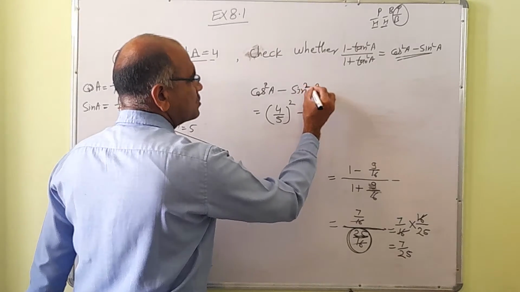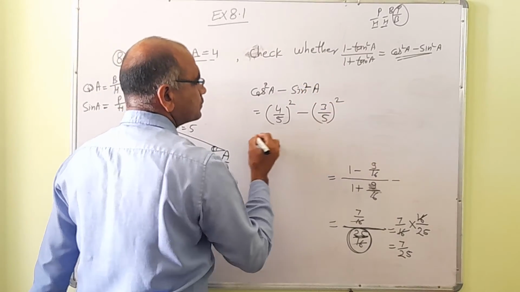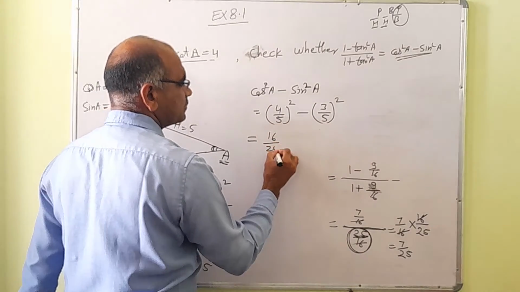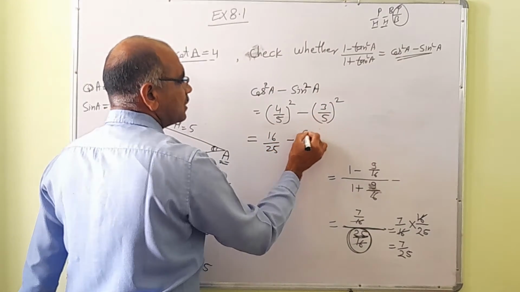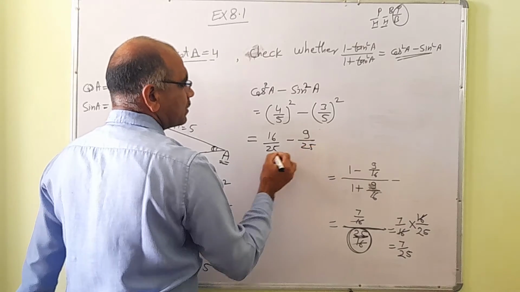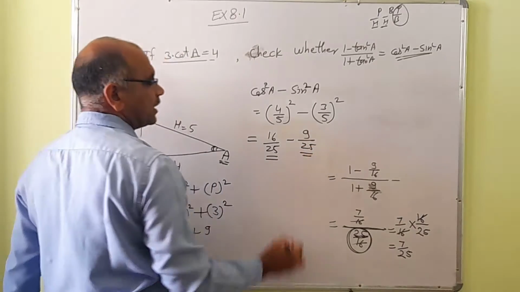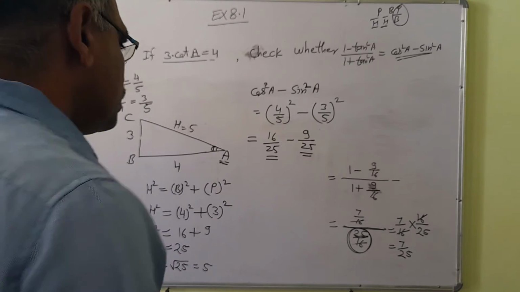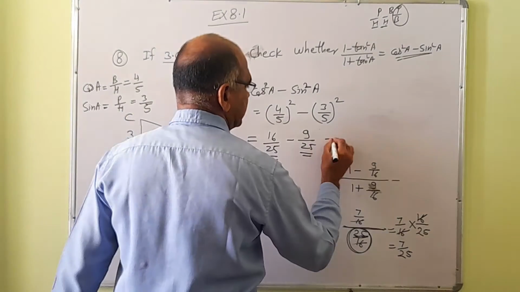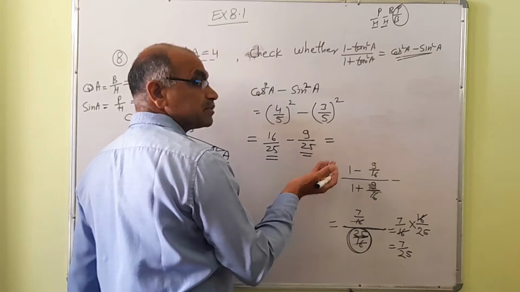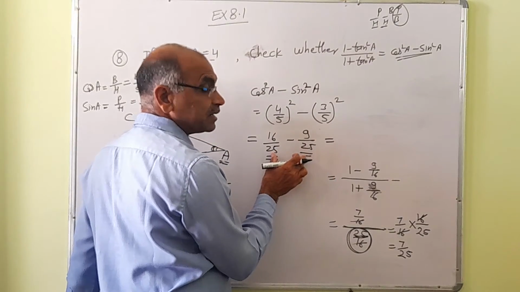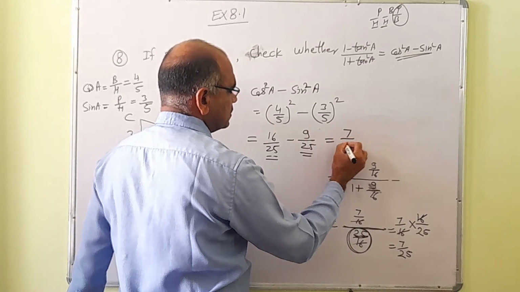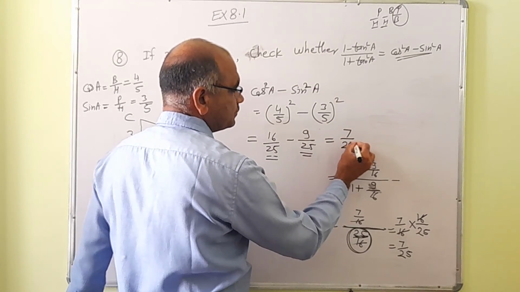And put square also. You will get 16 upon 25 minus 9 upon 25. Both fractions have same denominator, so you can subtract directly. इनको डायरेक्ट आप सब्ट्रैक्ट कर सकते हैं क्योंकि दोनों का डिनोमिनेटर सेम है. This gives 7 upon 25.